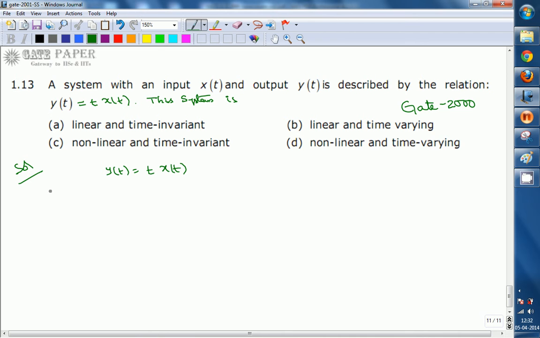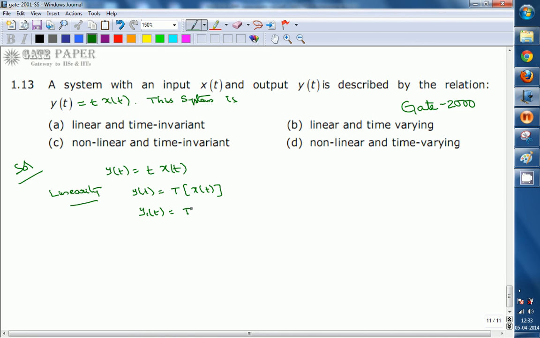Linearity is nothing but this: let us consider a system y(t), where the output is represented as a transformation on x(t). Then we need to choose two signals. Linearity has to satisfy the superposition and homogeneity principle.